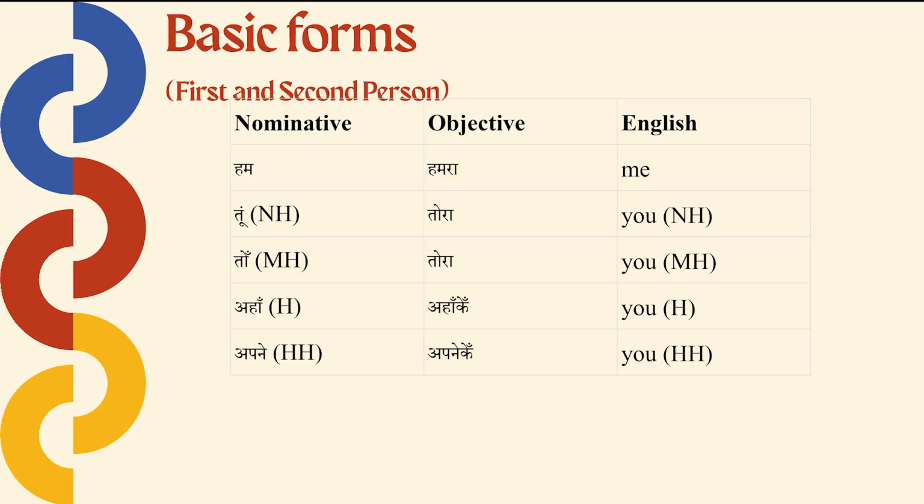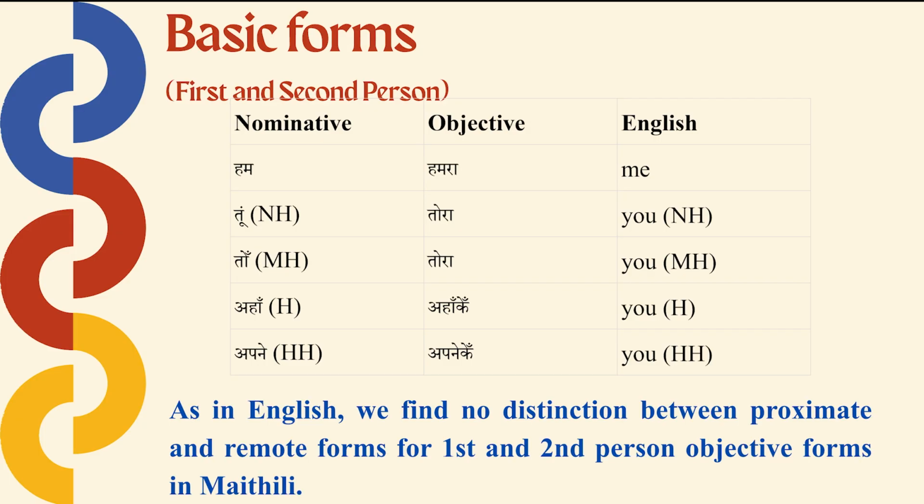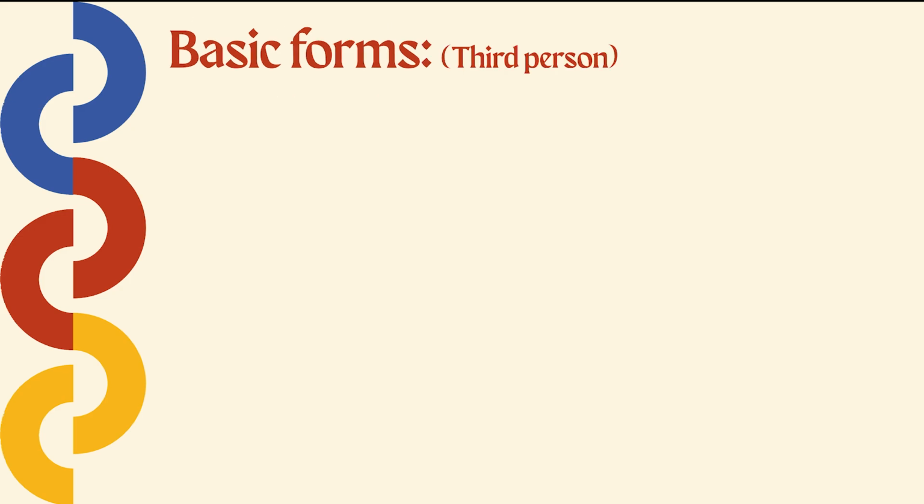So, it becomes aha ka, that means to you, and high honorific apne would become apne ka. So, that would become another accusative marker using the accusative case marker word ka. As in English, we find no distinction between proximate and remote forms for first and second person objective forms in Maithili. Let us look at the third person forms of the objective pronouns.